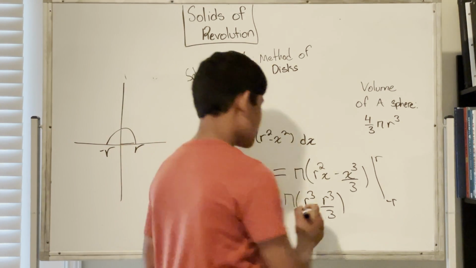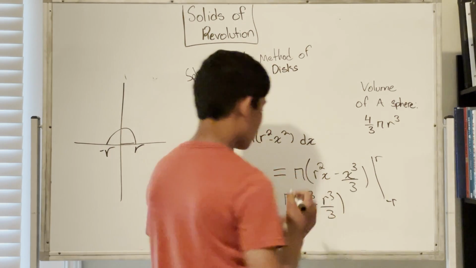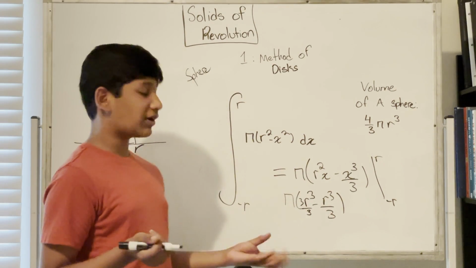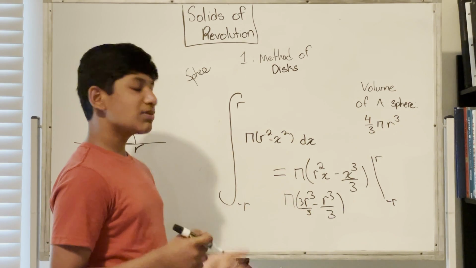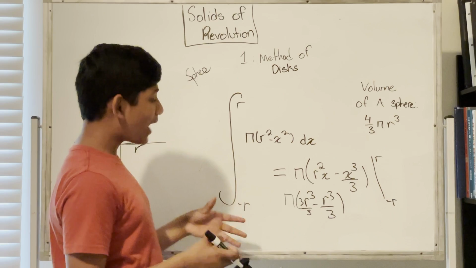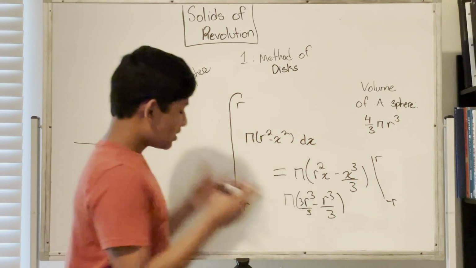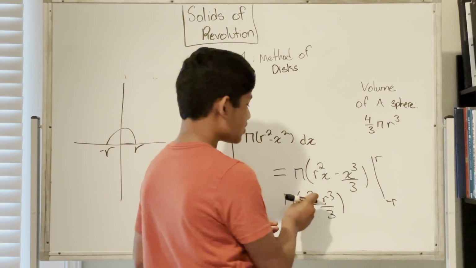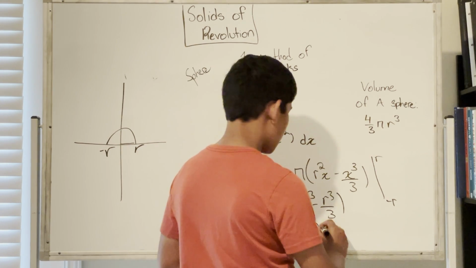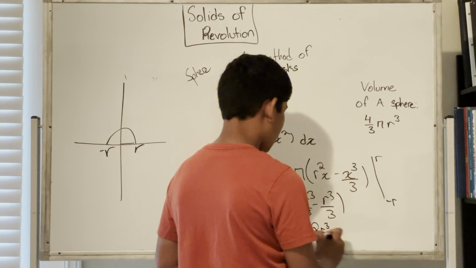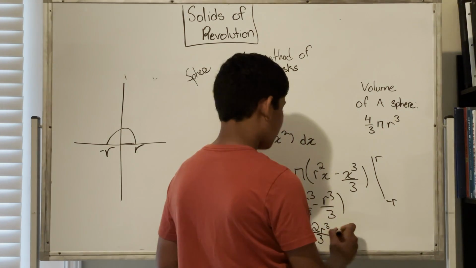That gives us 3r cubed divided by 3, which is just r cubed. So we can have 3r cubed minus r cubed over 3, which is 2r cubed over 3 times pi.